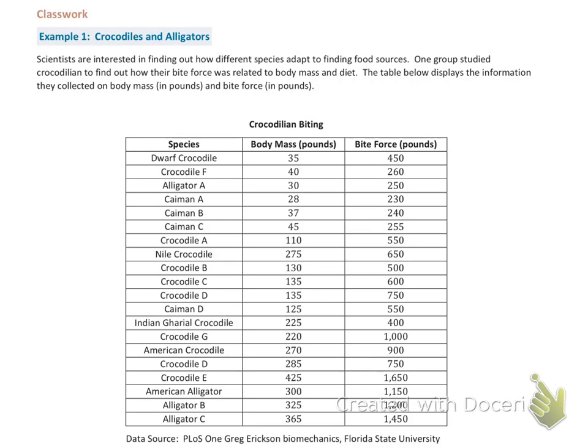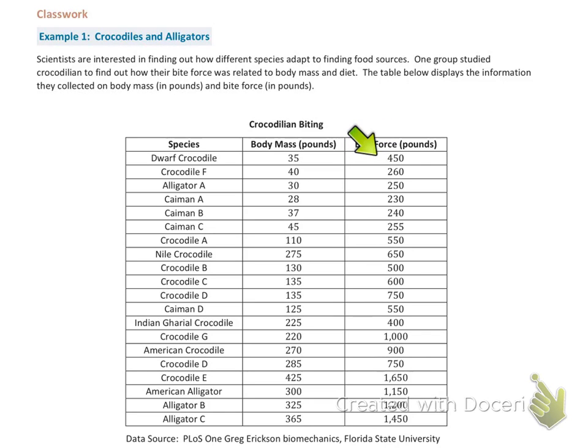So for comparison, if we look at maybe this first one, the dwarf crocodile here. The dwarf crocodile has body mass of 35 pounds. So that's like maybe a 2-year-old child might weigh about that. And its bite force is 450 pounds, and this is actually pounds per square inch as far as I can tell.